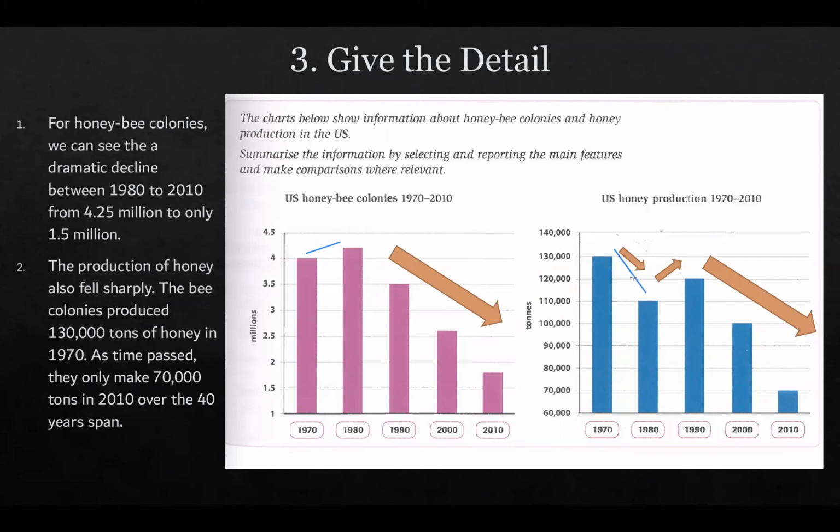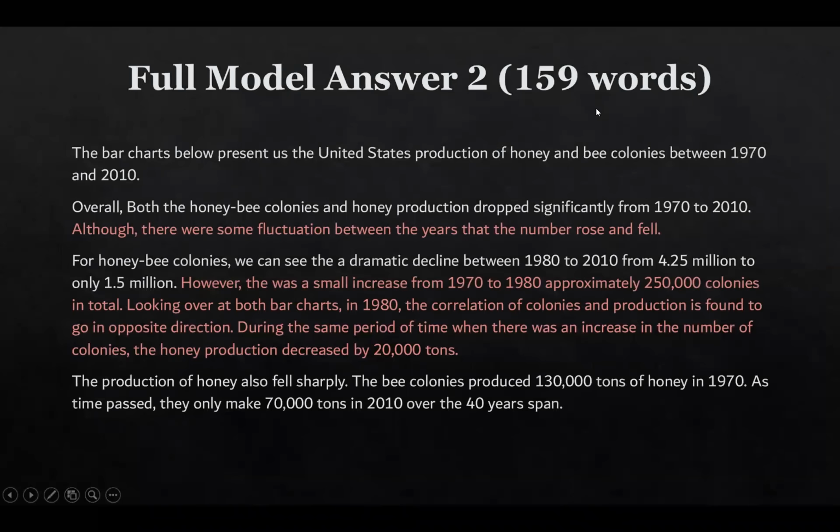But this goes down here. So this year in 1980, when we have more bee colonies, we have less bee production. So this is another important point which should be discussed and give the detail.